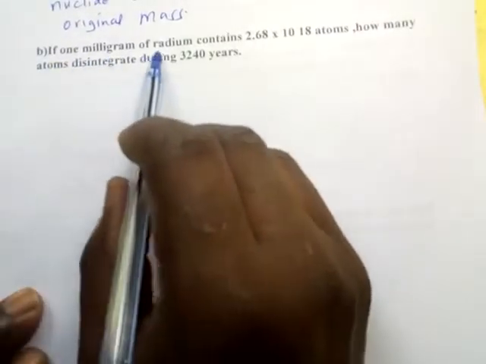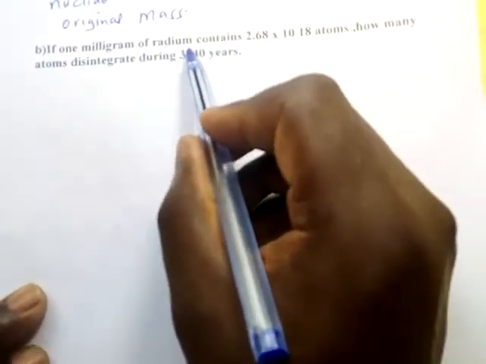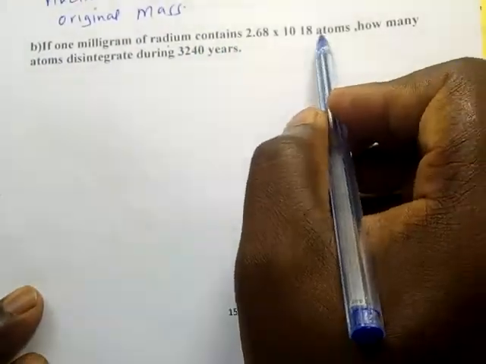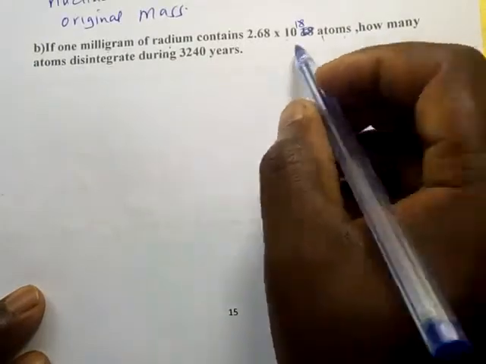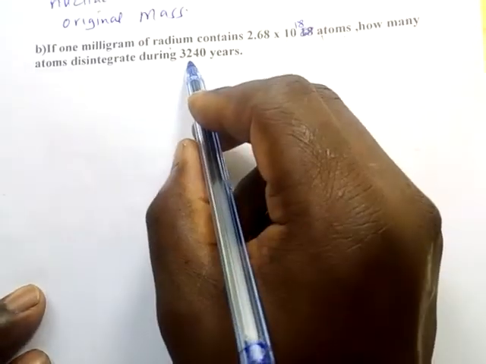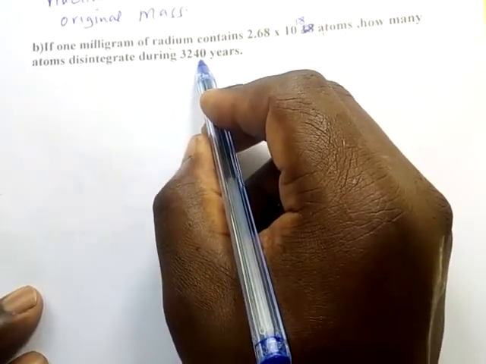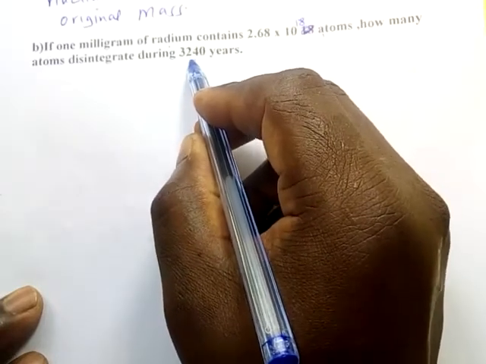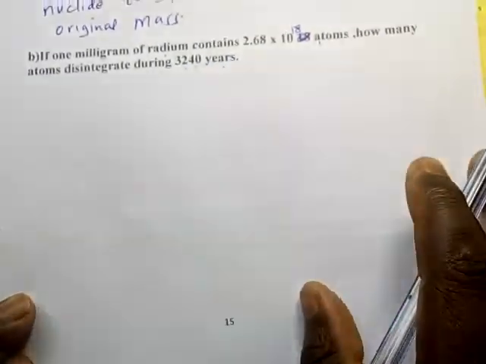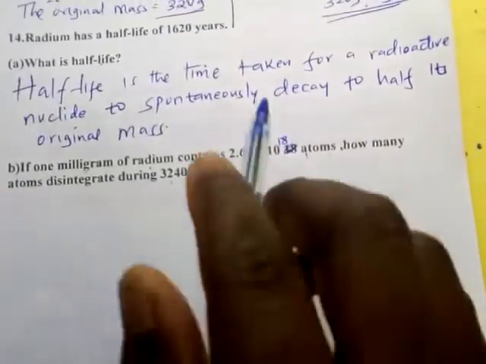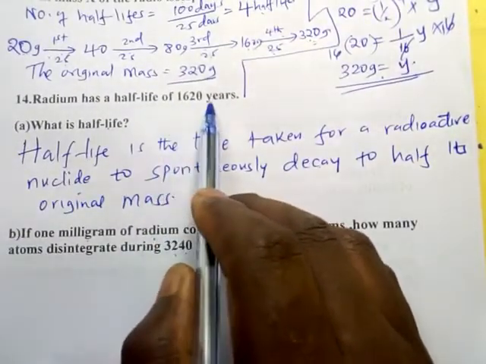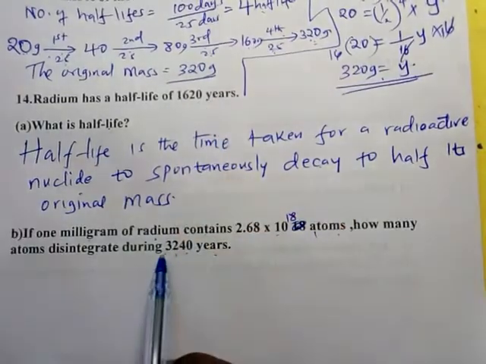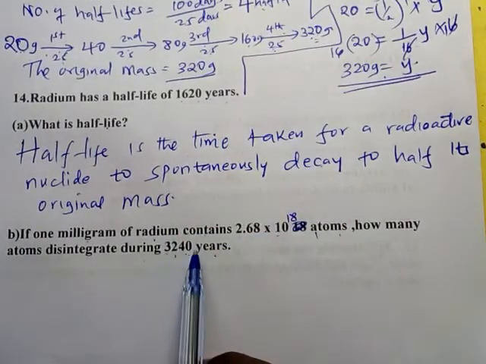If 1 milligram of radium contains 2.68 times 10 raised to power 18 atoms, how many atoms disintegrate during 3,240 years? We know the half-life of radium is 1620 years.